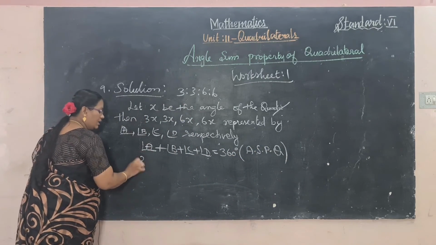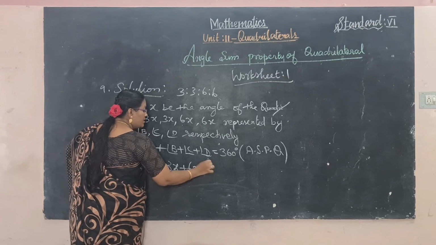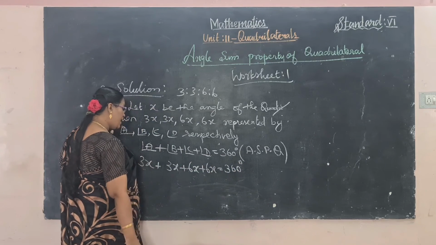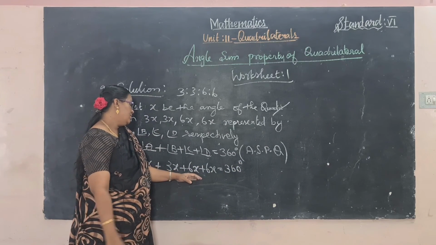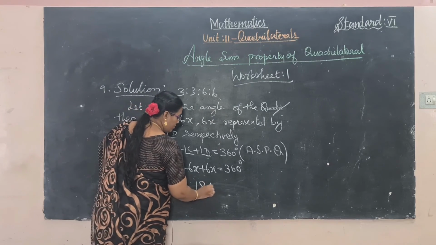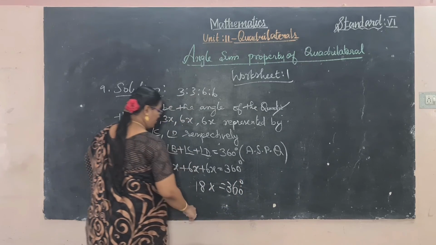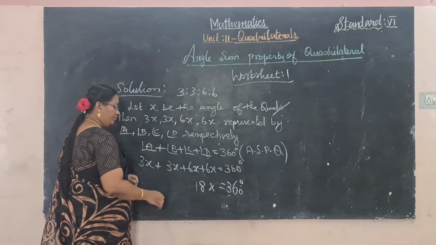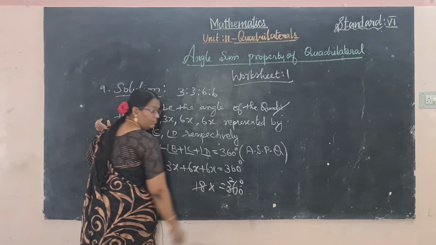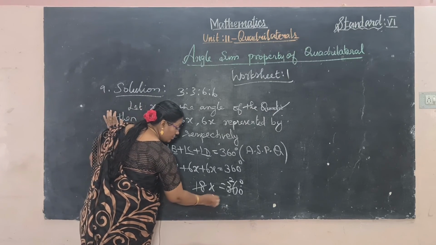So angle A value is 3x, angle B is 3x, and 6x plus 6x, equal to 360 degrees. The sum of these values: 6, 12, 18. So 18x equals 360, and 18 twenties are 360.